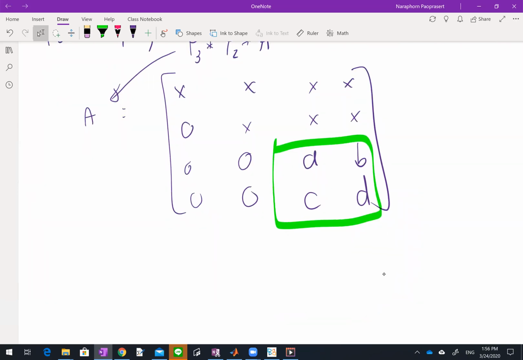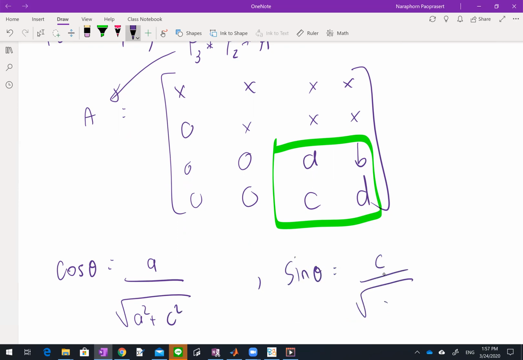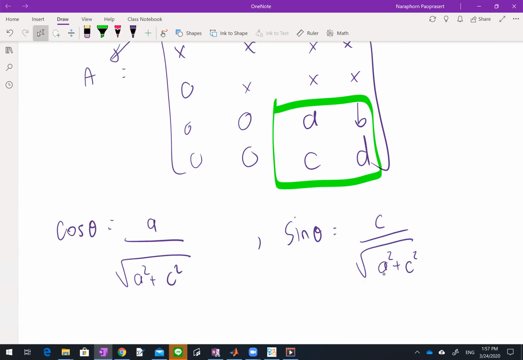Then for P4, the cos theta is going to be A divided by square root of A square plus C square. And psi theta is going to be C divided by square root of A square plus C square, and so on and so forth. Okay, so if you have like a 10 by 10, just keep on doing this.